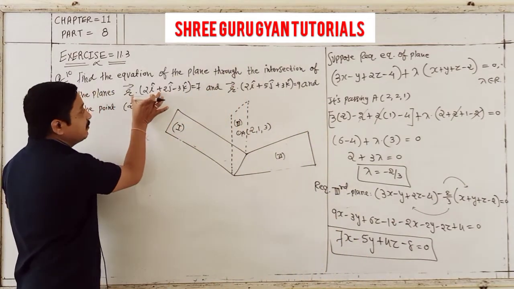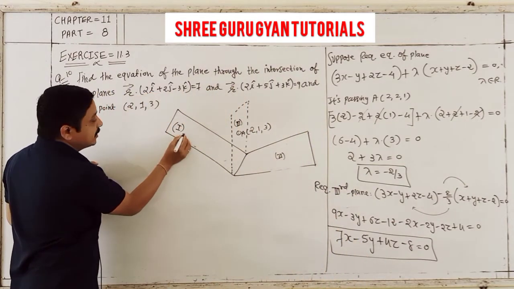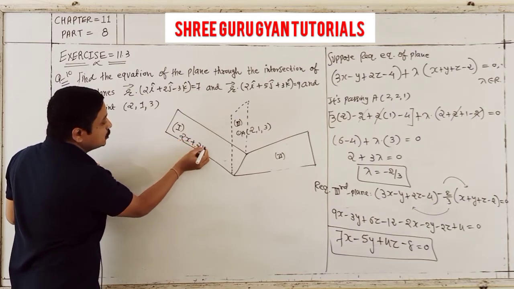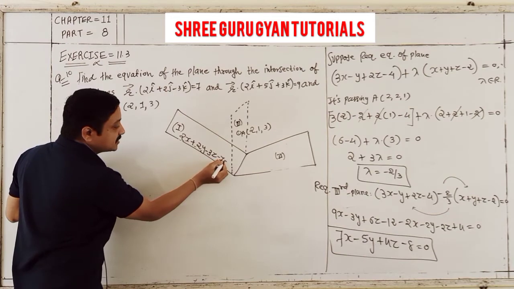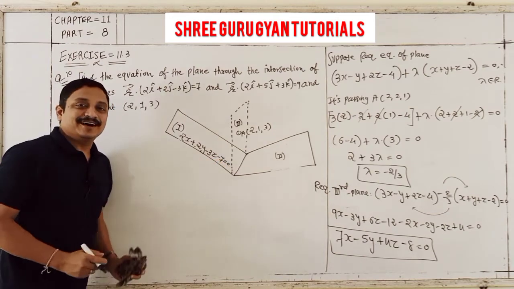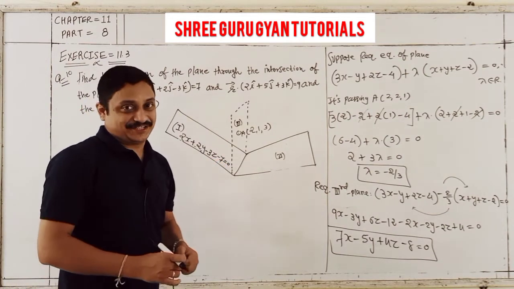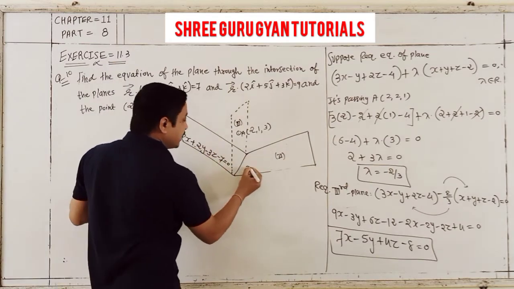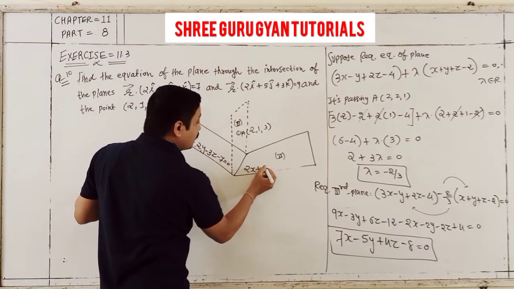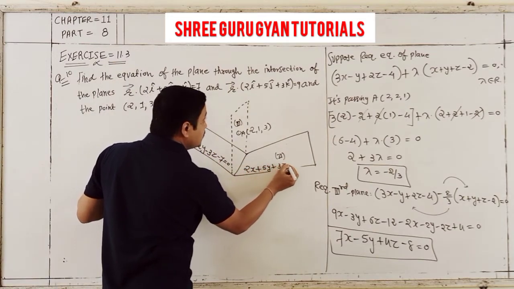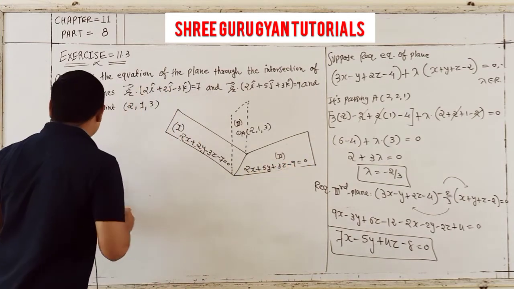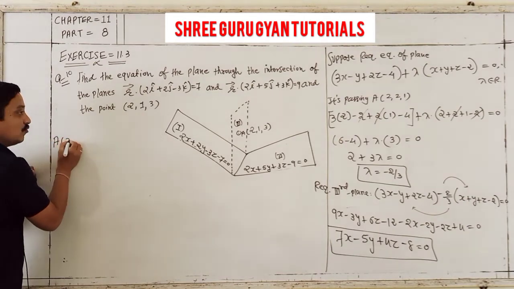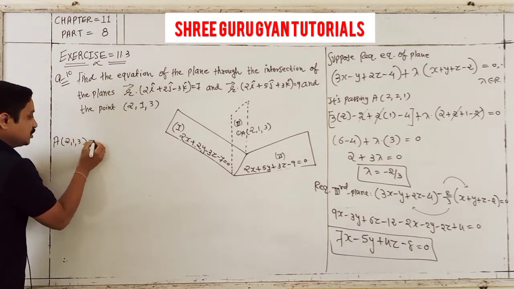Plane 1 is 2x plus 2y minus 3z minus 7 equals 0, converted into Cartesian form, and the second is 2x plus 5y plus 3z minus 9 equals 0. First of all I check plane 1 with the point (2, 1, 3). What's your plane 1?